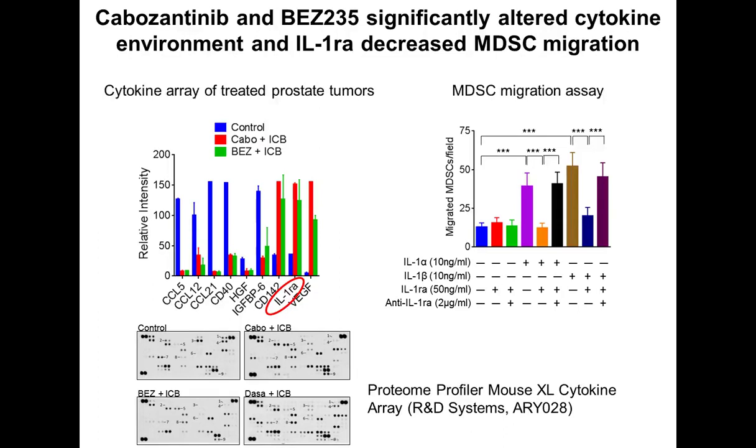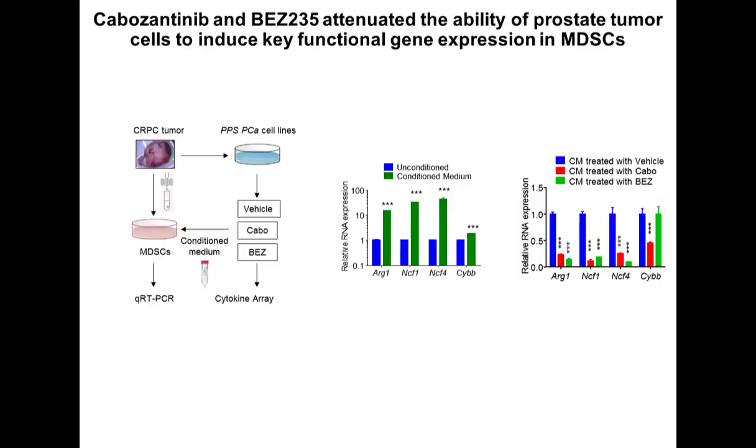But if you use antibodies that can neutralize IL-1RA, now the attraction of MDSC migration is recovered. So this result suggests that this combination can regulate quite a few cytokines, and in particular can upregulate IL-1RA, which antagonizes the IL-1 mediated MDSC migration.